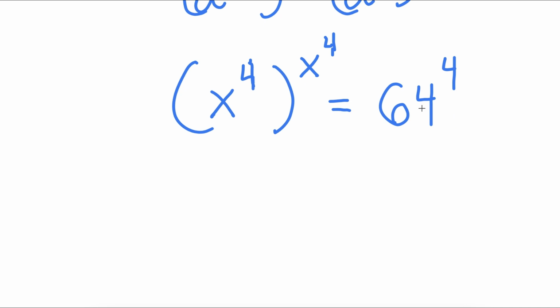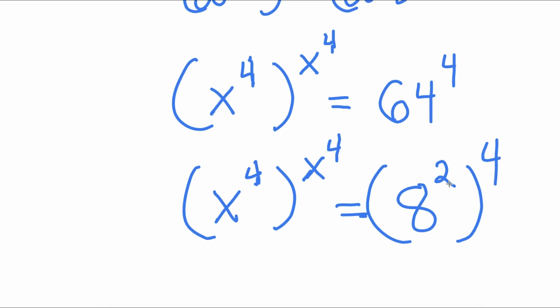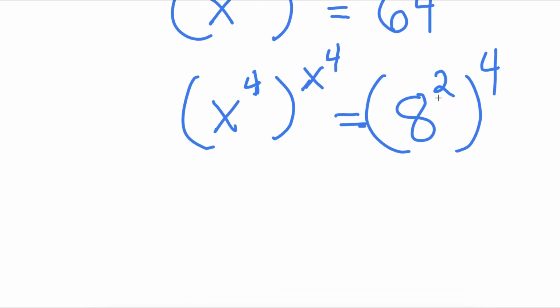And now 64 here, I can rewrite as 8 squared. So now I have x to the power of 4 to the power of x to the power of 4 is equal to 8 squared to the power of 4. And 8 squared to the power of 4, that's the same thing as 8 to the power of 2 times 4, which is 8 to the power of 8.